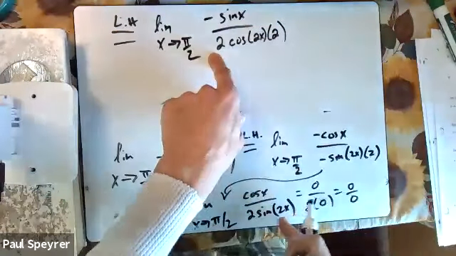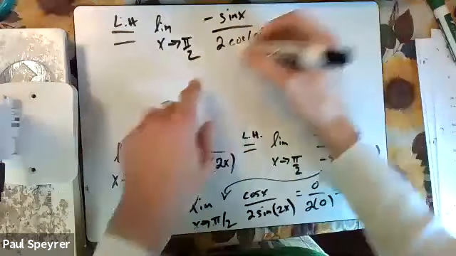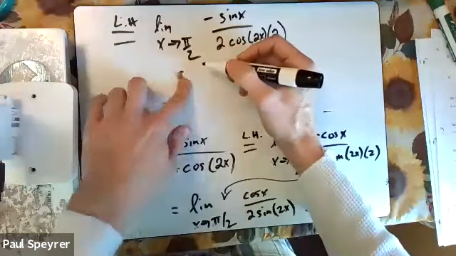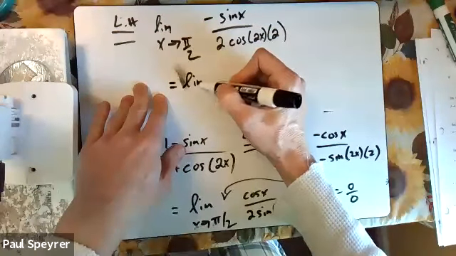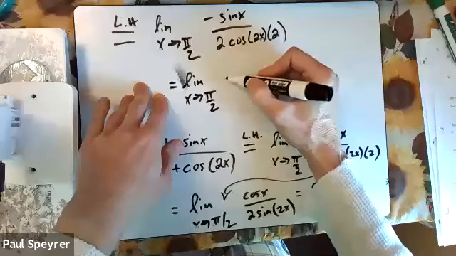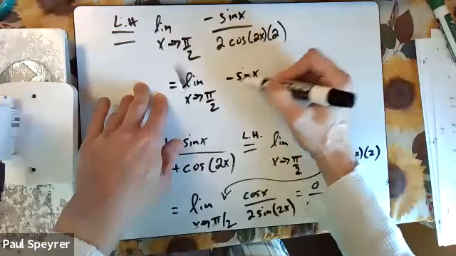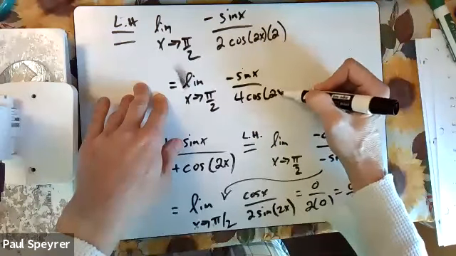This 2 comes from us dragging this up here. So if we clean it up, we have negative sine of x over 4 cosine of 2x.